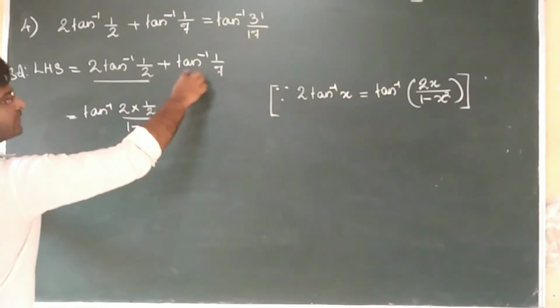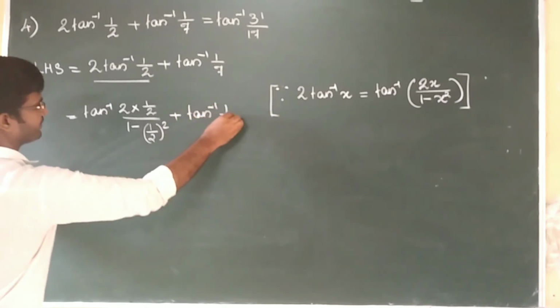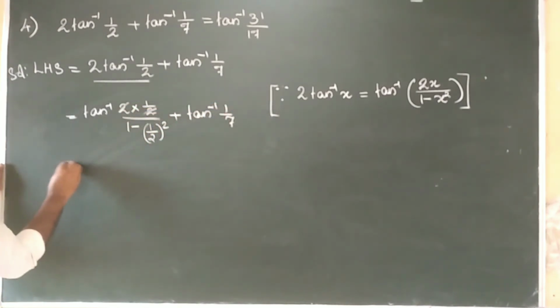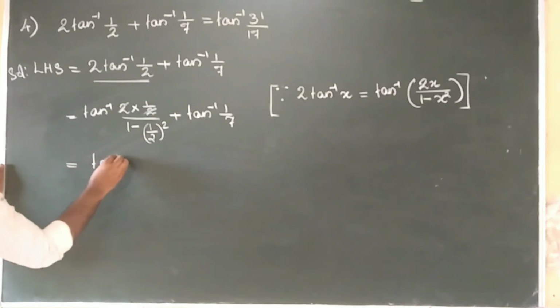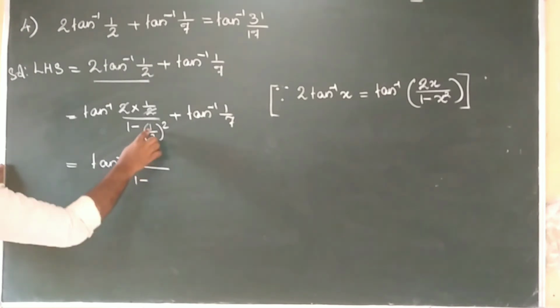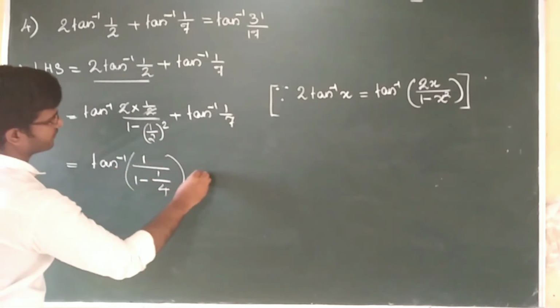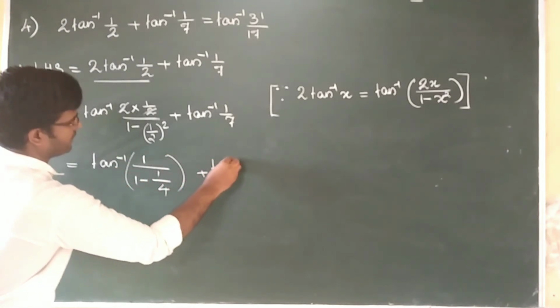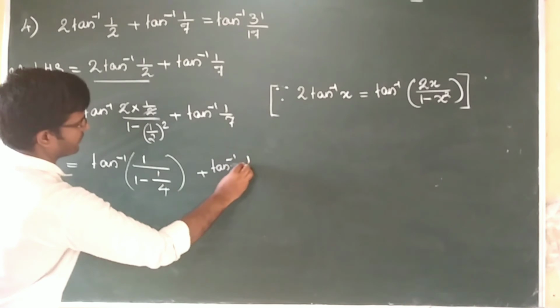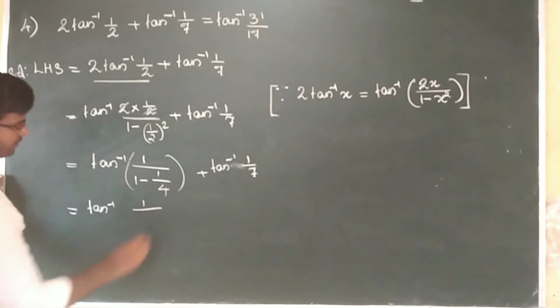Plus the second part. Do I need to change anything? Just keep it positive. 2 cancels. Then remaining is tan inverse 1 divided by 1 minus 1 by 2 whole square. 1 square is 1, 2 square is 4. Plus tan inverse 1 by 7. 1 divided by, what will we get in here?